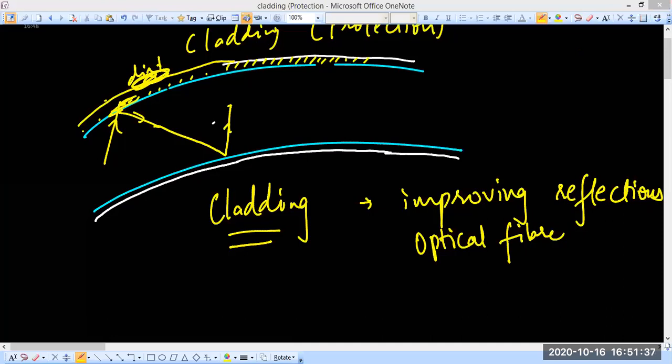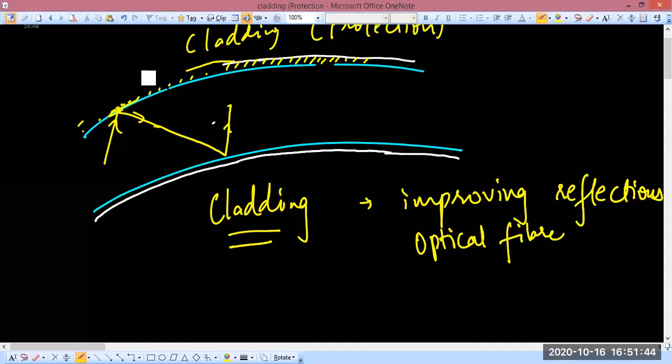If there was water, where there was water? Outside, right? Actually, yes, there would be a problem. Suppose there is no cladding, and if this was immersed in water, then there is water everywhere. Water has refractive index 1.33, right?